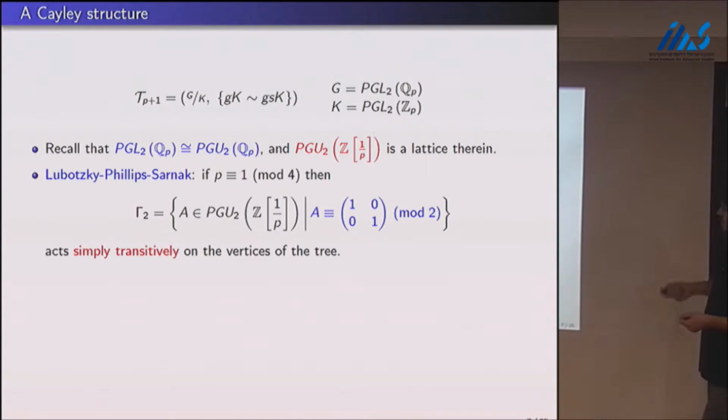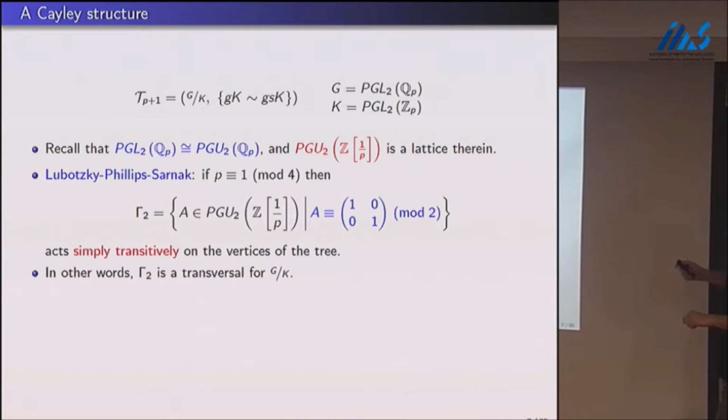What they showed was that for p which is 1 modulo 4, if you take the second congruence subgroup inside this lattice, so matrices which are congruent to 1 mod 2, this subgroup acts simply transitively on the vertices of this Hecke tree.